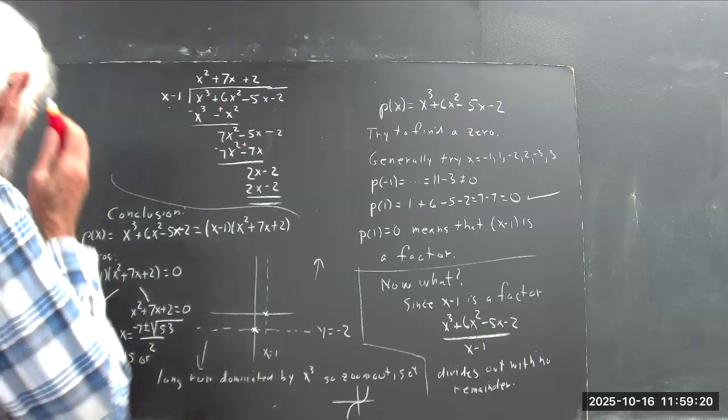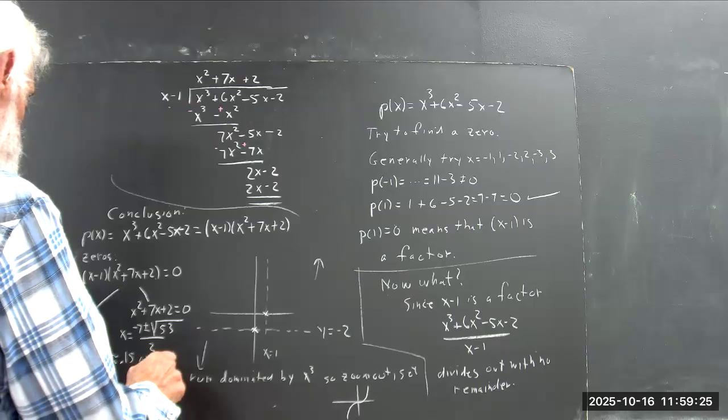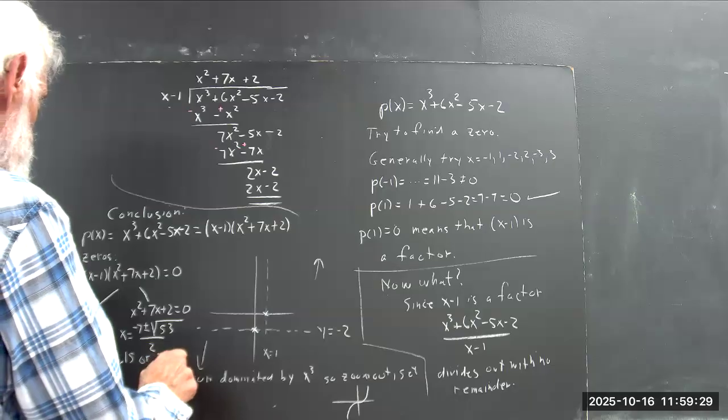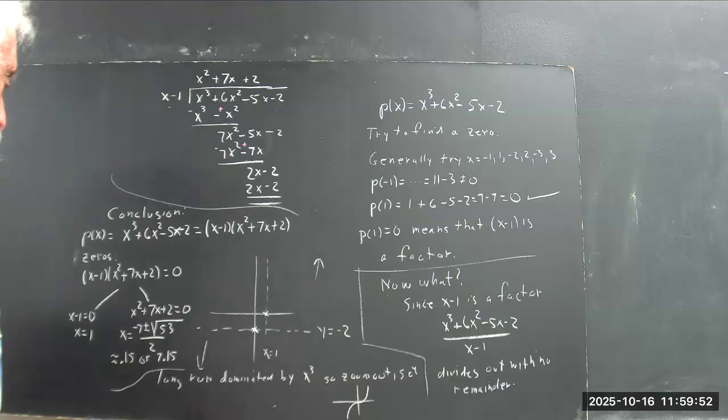Which gives us about 0.15 or 7.15. And this one gets a little dicey to graph, but not that badly.